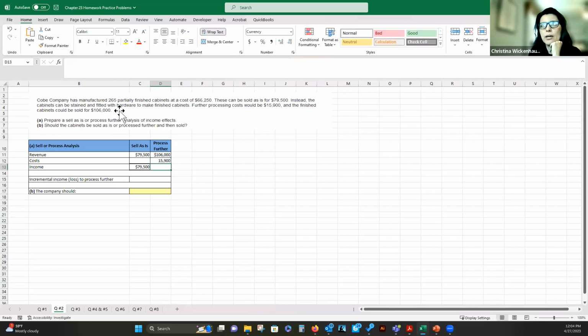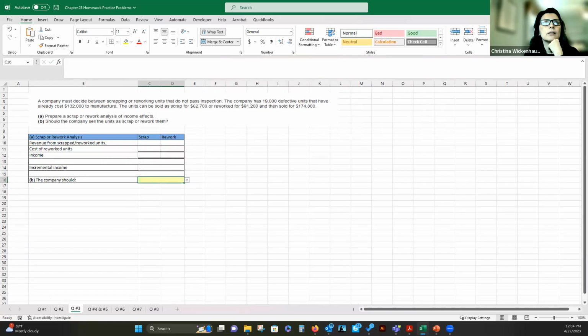So if I subtract the cost from the revenue, I find that I would have income of $90,000. So my incremental income would be this $90,000 minus the $79,500, $10,600. So I should definitely process that further because I'm going to have a bigger net income.